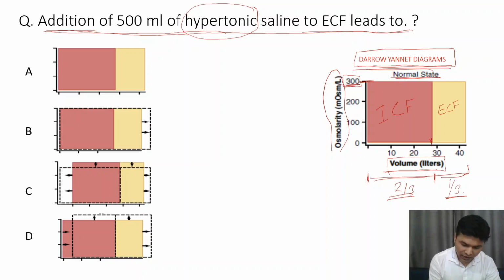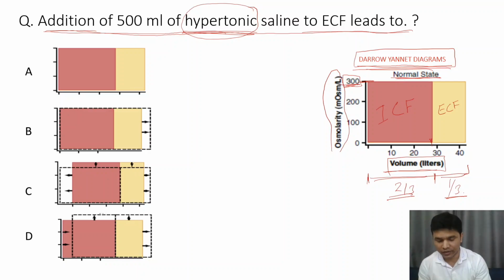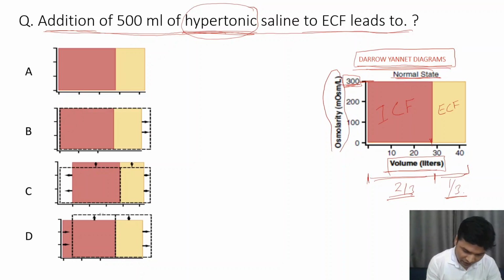But what if you infuse hypertonic saline in that person? Let's see. If you give hypertonic saline, first it will go to the extracellular fluid, and the tonicity of this fluid will increase and volume will also increase.